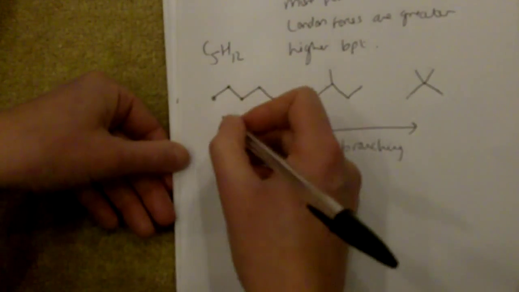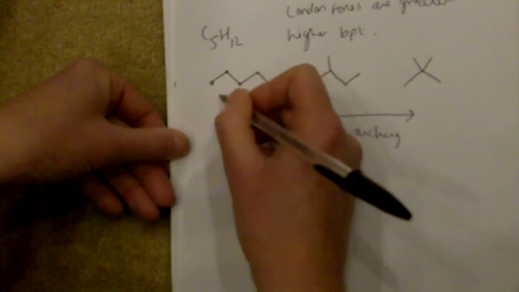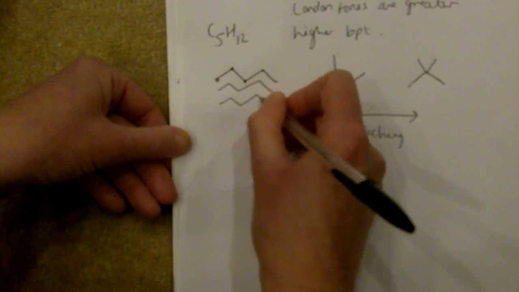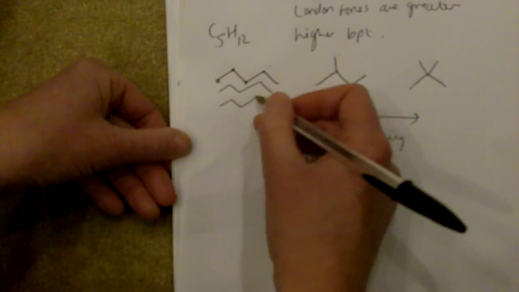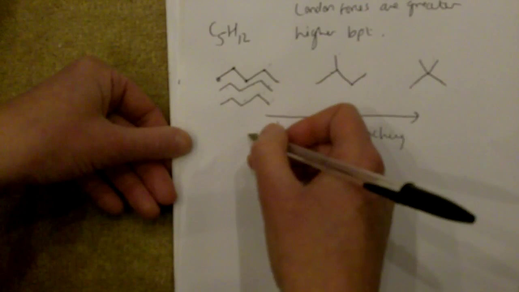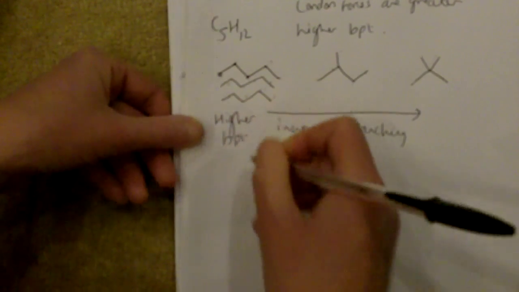Now, what's going to happen with the boiling point? This straight chain can pack very close together, with a large surface area, lots of points of contact, and lots of London forces. This one will have a higher boiling point.